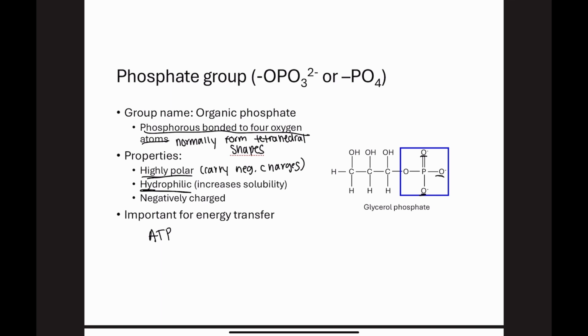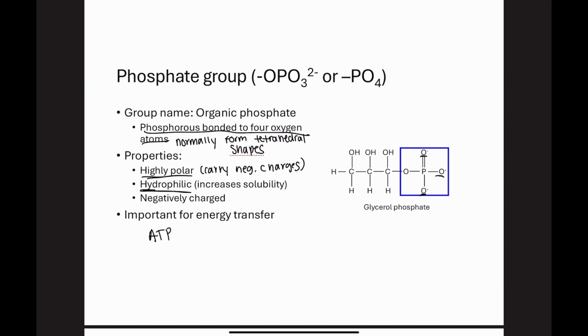So these really high energy phosphoanhydride bonds that are found between our phosphate groups, that energy is going to be released through hydrolysis. So basically, when ATP is hydrolyzed, energy is released, and that energy is going to be used by cells to power so many different kinds of biochemical processes like protein synthesis, muscle contraction, active transport, and all sorts of biochemical processes.